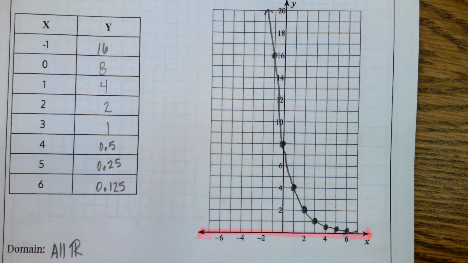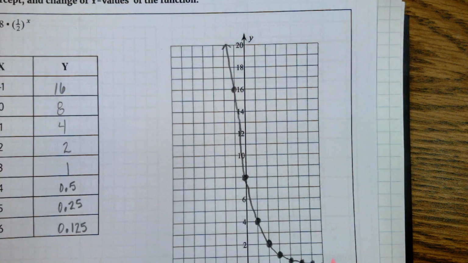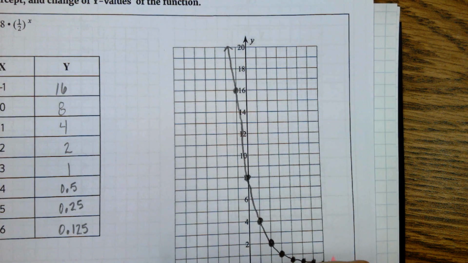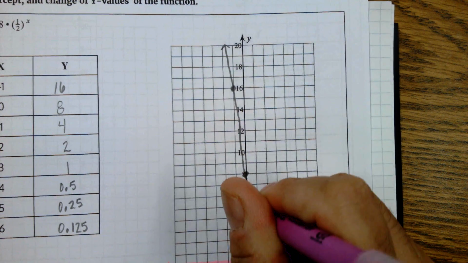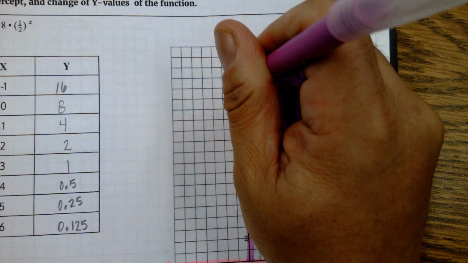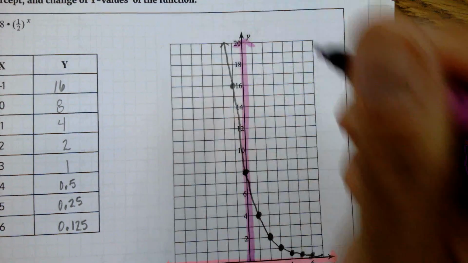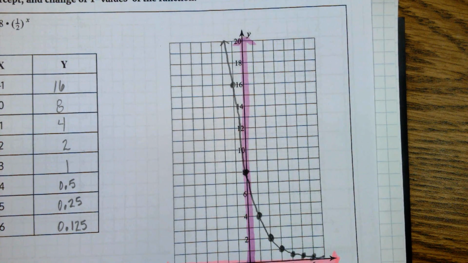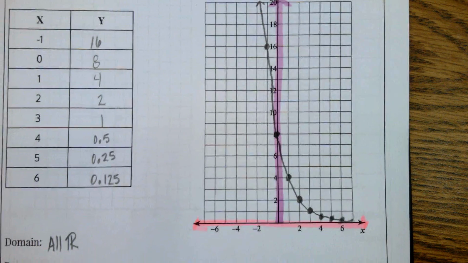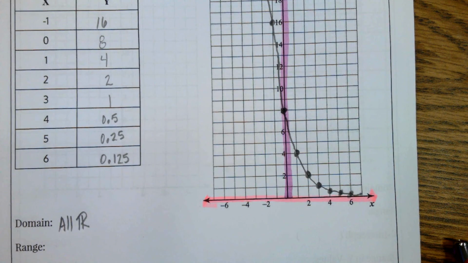Now for the range, we're looking from 0 on up. Never touches 0, but that's our boundary on up to infinity. So we can just say y is greater than 0.